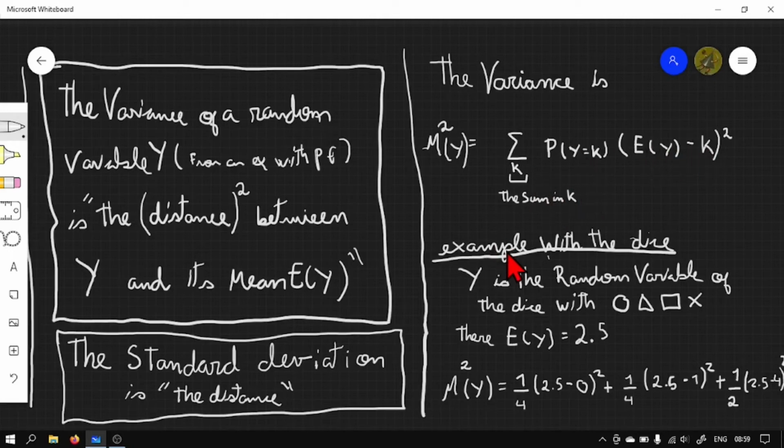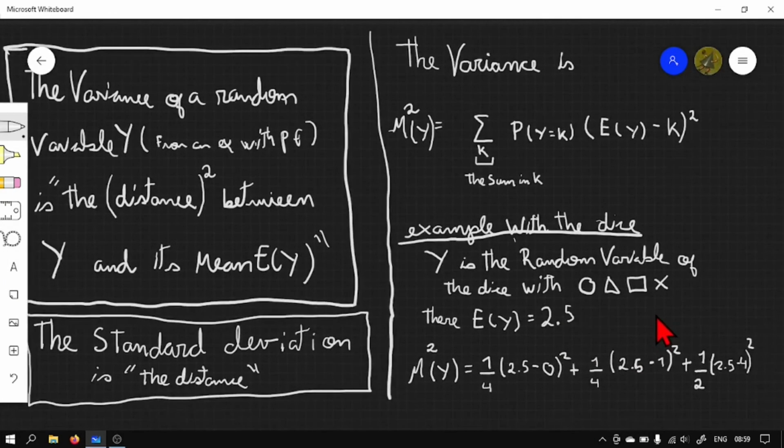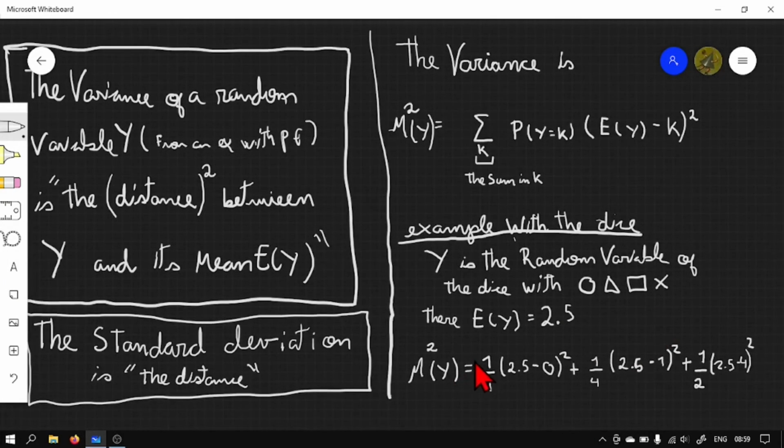So let's take an example, the example of the dice. There we have our random variable that has as mean 2.5, the dice with circle, triangle, square, and x. And that will be the sum. So the first is the probability of y equals 0, which is the circle. Then the mean minus the value of the random variable, which is 0.